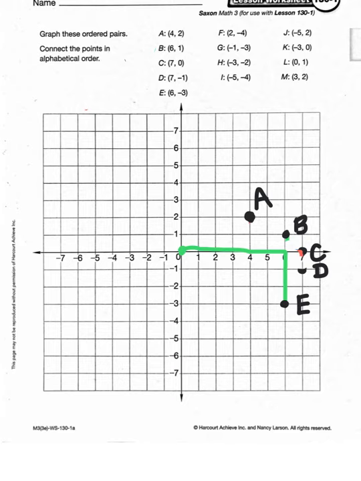So let's go on. Let's figure out what the F coordinate is. Let me fix a couple of these coordinates for you. Let's fix C and D, because I kind of erased them a little bit. Remember, we're going to connect these in alphabetical order to make an animal. All right, let's go on to our F coordinate, which is right here. It says 2, negative 4. So we start at our origin.